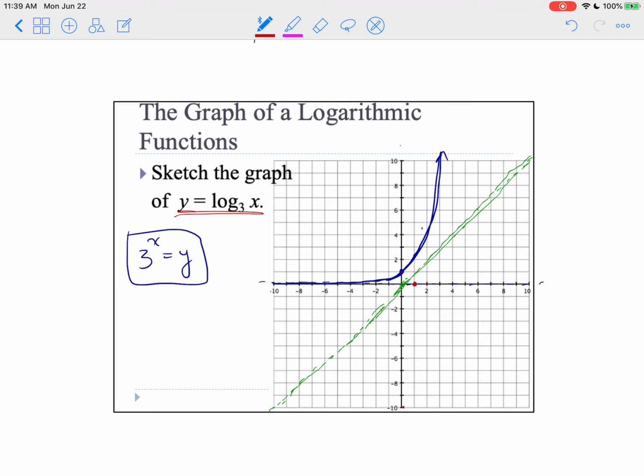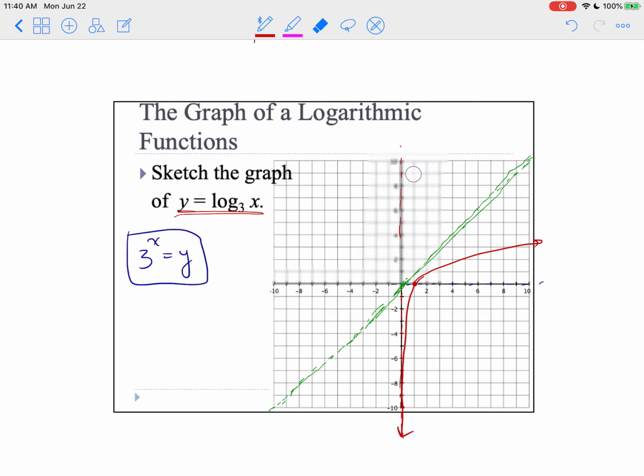And that horizontal asymptote is actually going to become a vertical asymptote on my logarithmic function. And so, again, if we're trying to mirror image this, then I'm going to go this way and then towards this vertical asymptote as I go down. So this red graph is what a logarithmic function looks like.